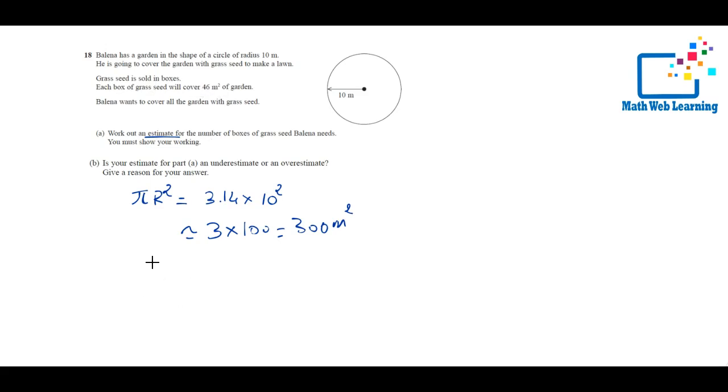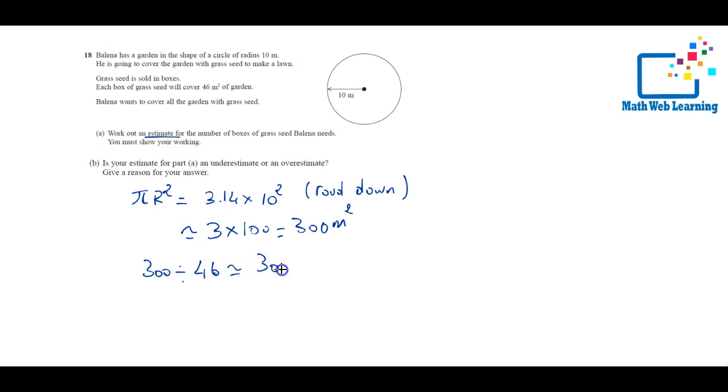So to work out how many boxes we need to buy, you do 300 divided by 46. But you need to round it. You need to estimate. So that one is already rounded down, because remember we rounded. Let's write it down. Rounded down. For this one here, we need to round this one to one significant figure, and it will become 50.